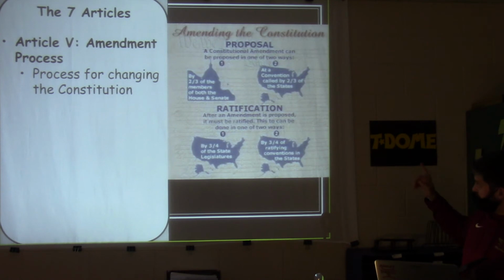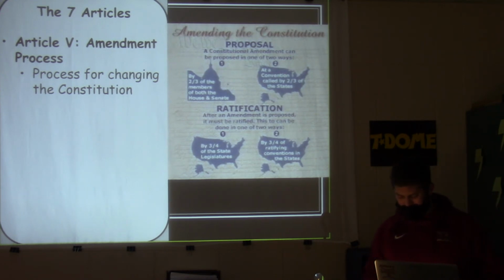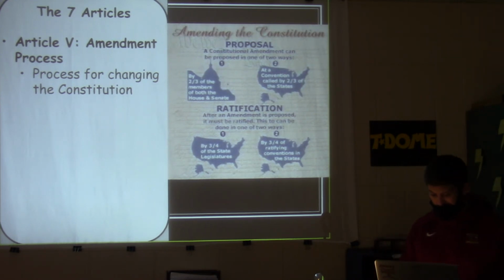Or at a convention called by 2/3 of the states, where you would send delegates of the states, and they would handle it that way. 67% of 50 states would have to vote to propose a change to the Constitution.